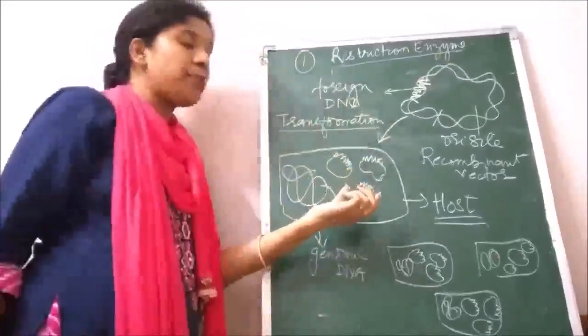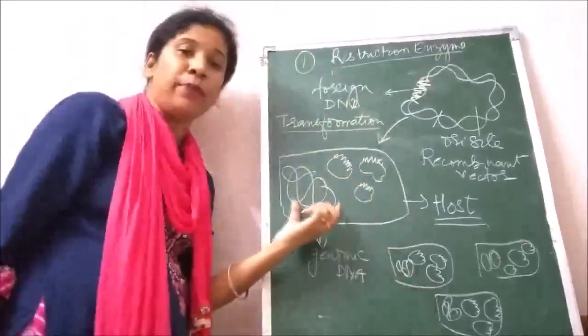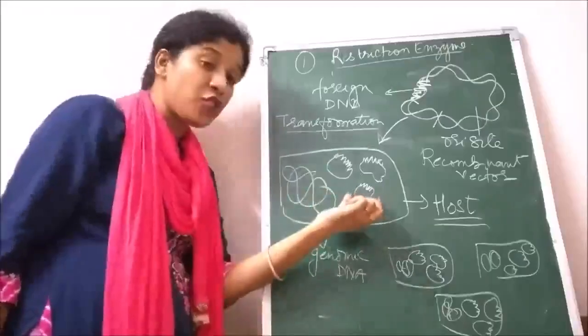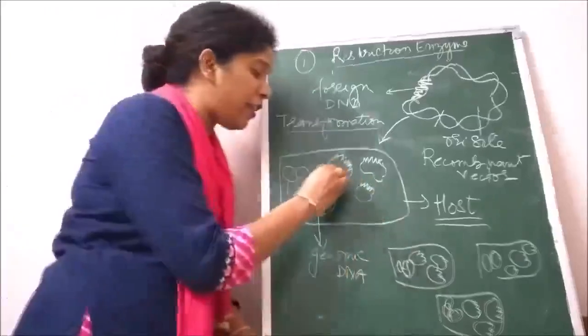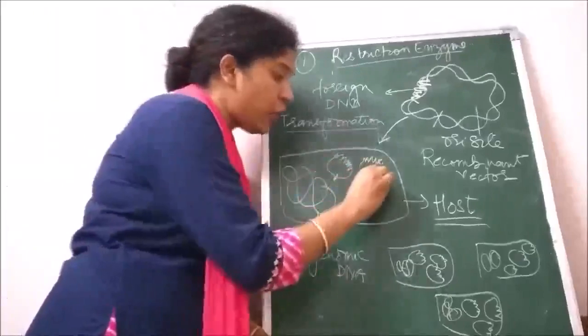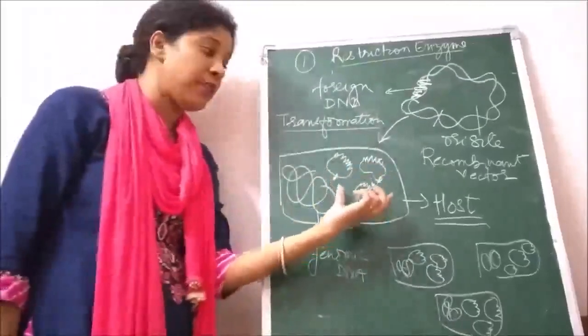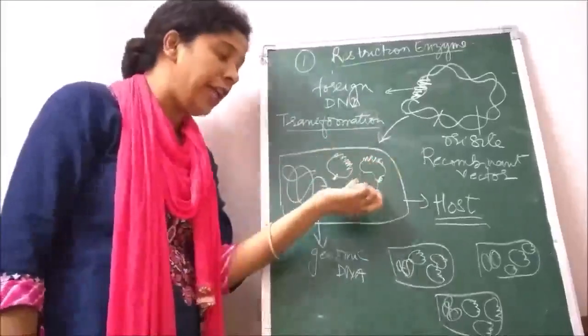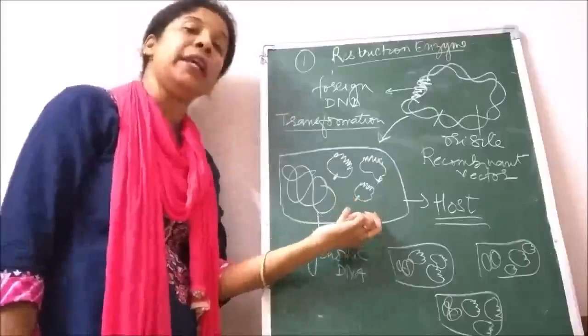Now, what are these plasmids? These are extrachromosomal, different from the genomic DNA, circular and self-replicating units. Since they all have their origin of replication, they are capable of self-replication. They are called plasmids. They carry our foreign DNA, and together with this foreign DNA they are called recombinant vectors.